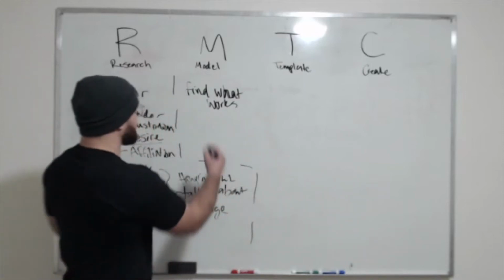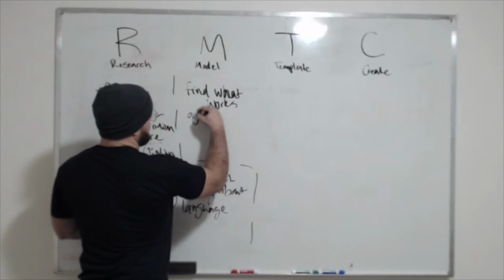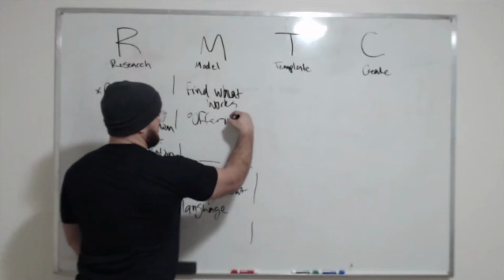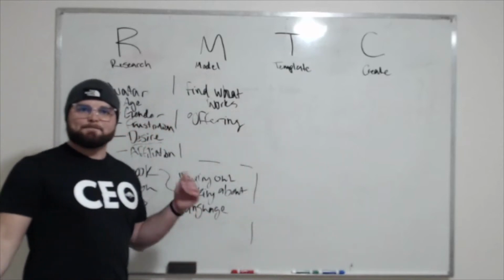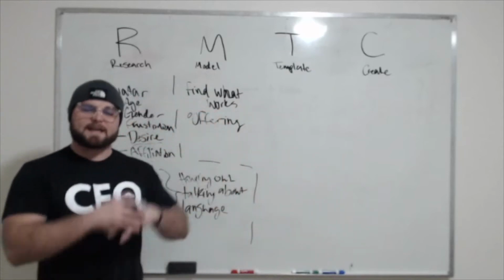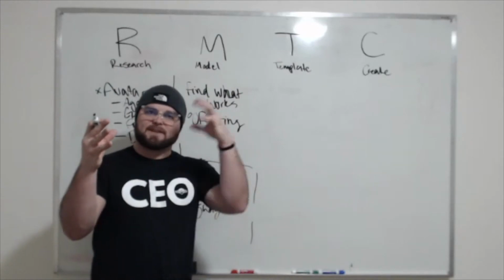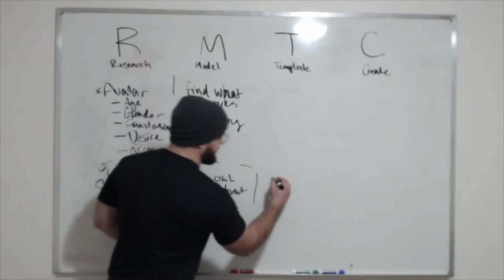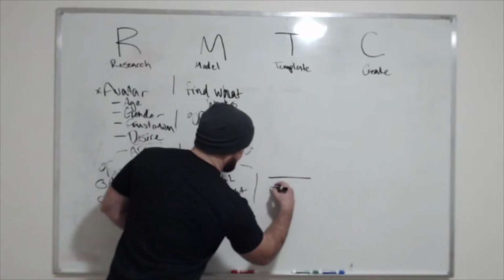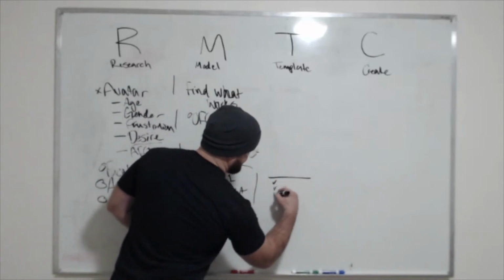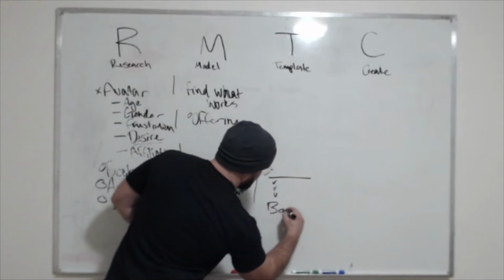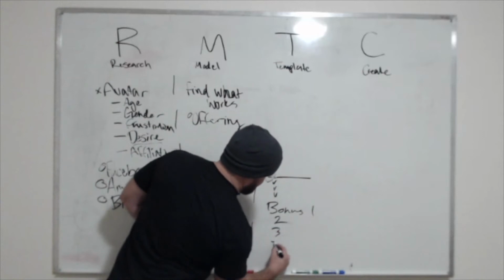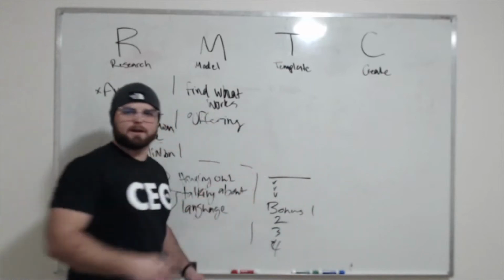When it comes to modeling, you can see what they are offering. Here's the main offer, but they've got a stack. If you don't know what a stack is, here's your core offer, and then it comes with this, this, and this, but you're also going to get bonus 1, 2, 3, 4, and so on.